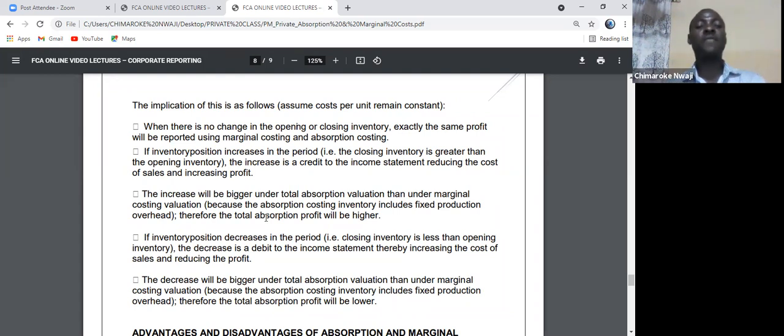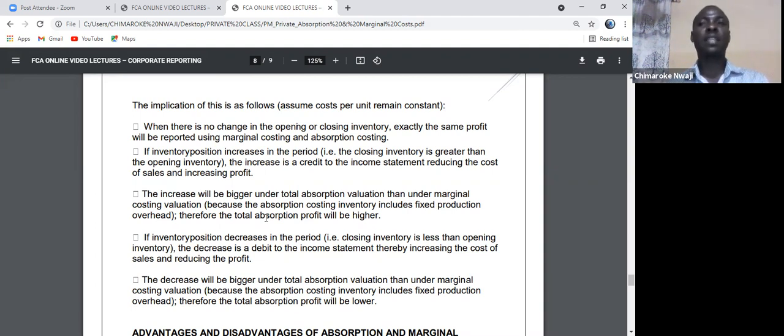Now, if the inventory position increases in the period, what will make inventory position to increase in the period? That means your closing stock is greater than your opening stock. So if the closing stock is greater than opening stock, that means there will be an increase in stock at the end of the period.